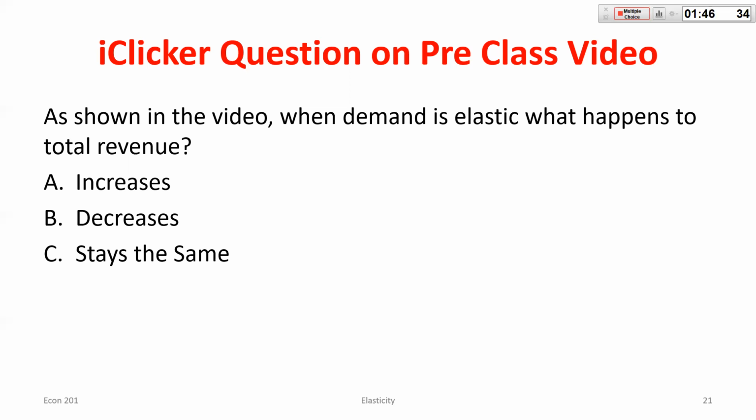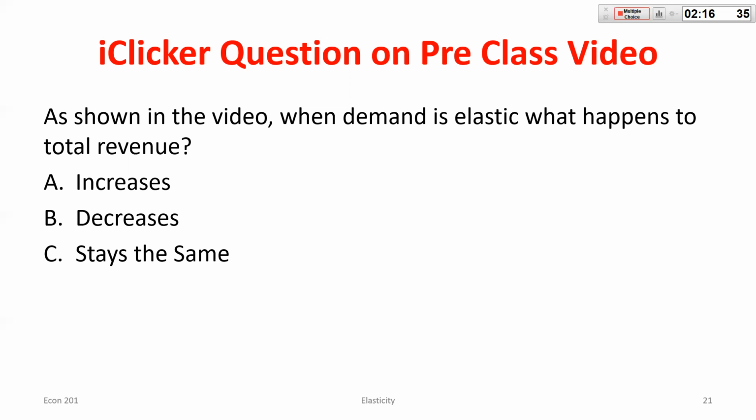That means that my fraction is greater than 1, right? The only way this fraction is greater than 1 is if the percentage change in quantity demanded is more than the percentage change in price. I'm being overly responsive. Price changed by 10%, and I change how much I bought by 20%. I'm very responsive to that price change. So if I know that demand is elastic, that change in price will be met with a percent change in quantity demanded that is greater than that, right? Choose your number just to prove this to yourself.